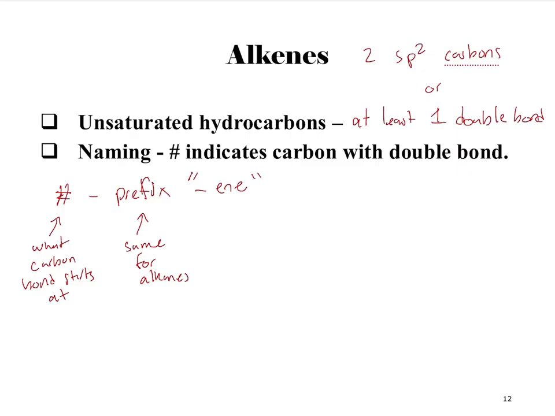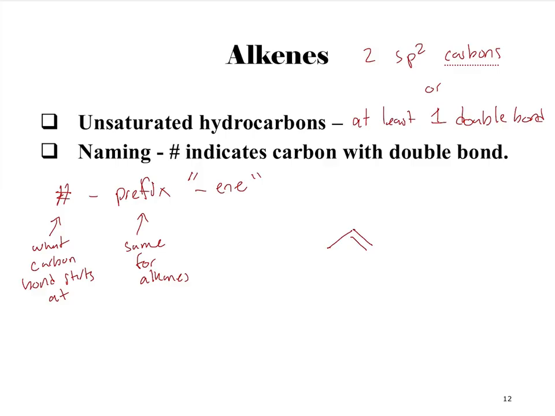So if we have something like this, what carbon does the bond start at? What do you guys think? How would you number this? What would put it on the lowest possible number?